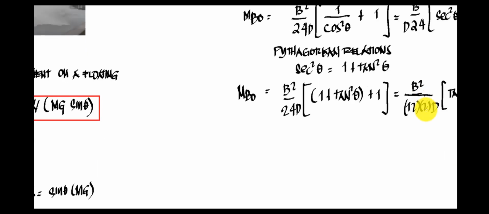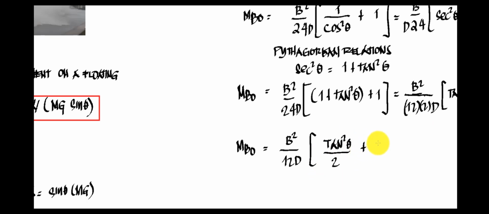If we try to distribute the value of 2 inside, we have M b sub o equal to b squared over 12d. Then multiplying inside, we have the value of tangent squared theta, distribute the 2 here, and then we have 2 over 2.